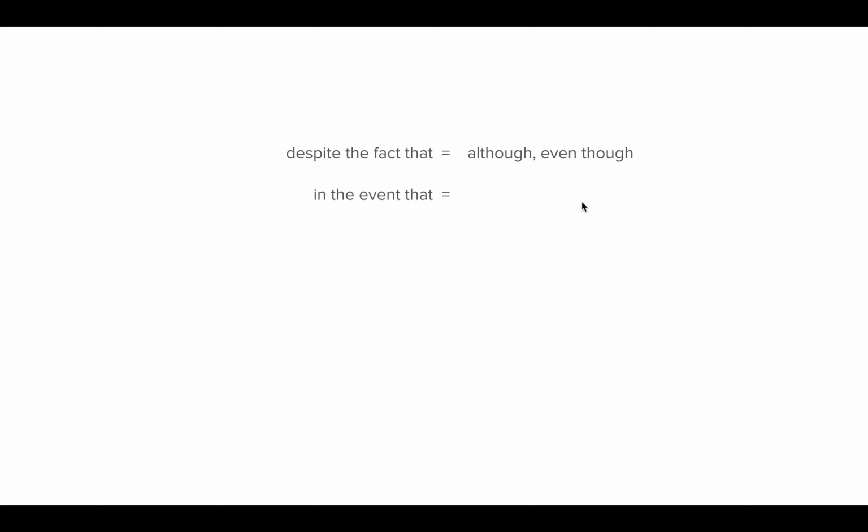Okay? In the event that, sometimes you hear this in airplanes, in the event of a water landing, please use, right? Well, it would just be better to use if, or should. Should the plane land in the ocean? If the plane must land at sea, use your seat cushion as a flotation device. Okay.